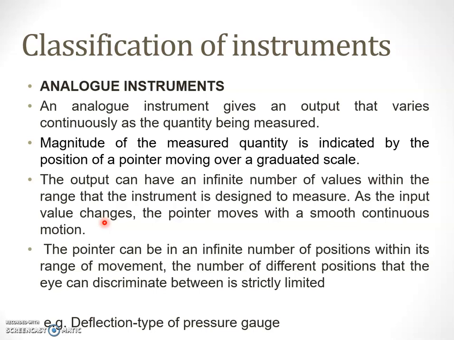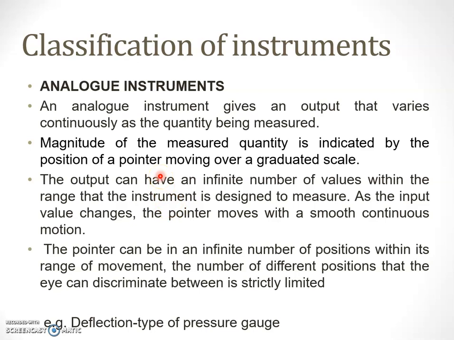That is, in this type of instrument, the measured quantity or output is always indicated by the position of a pointer which is moving over a graduated scale. Here the output can be an infinite number of values that the instrument is designed to measure. It can produce infinite number of values.